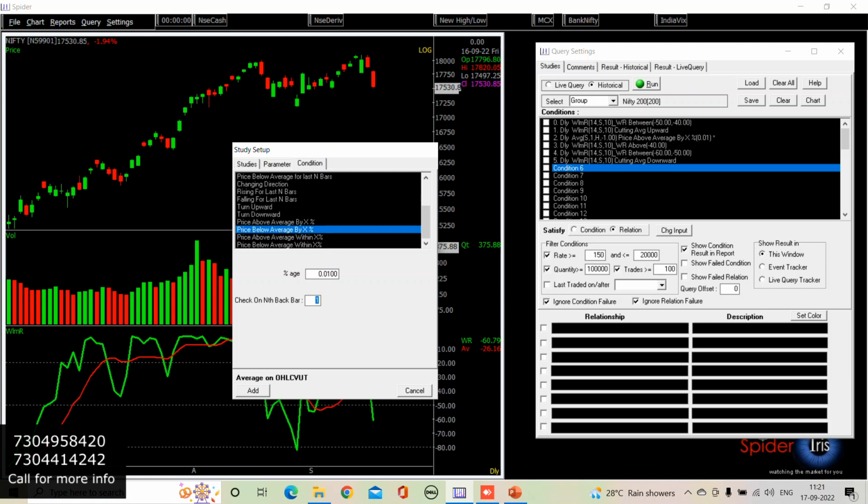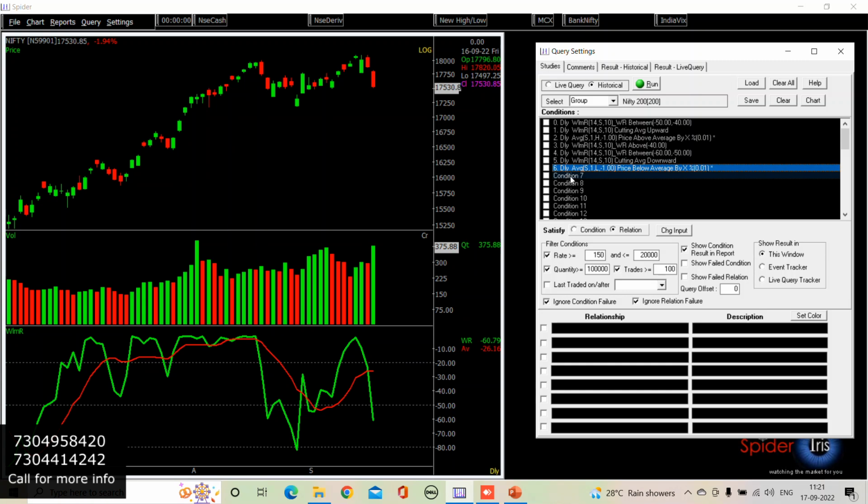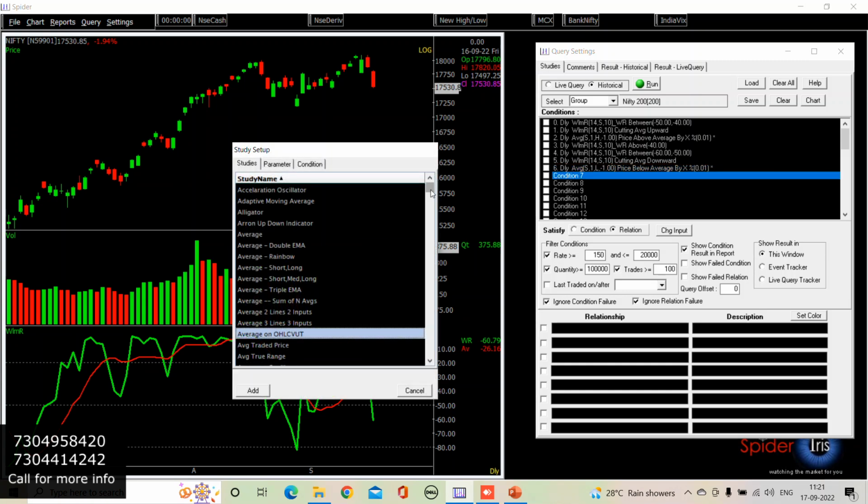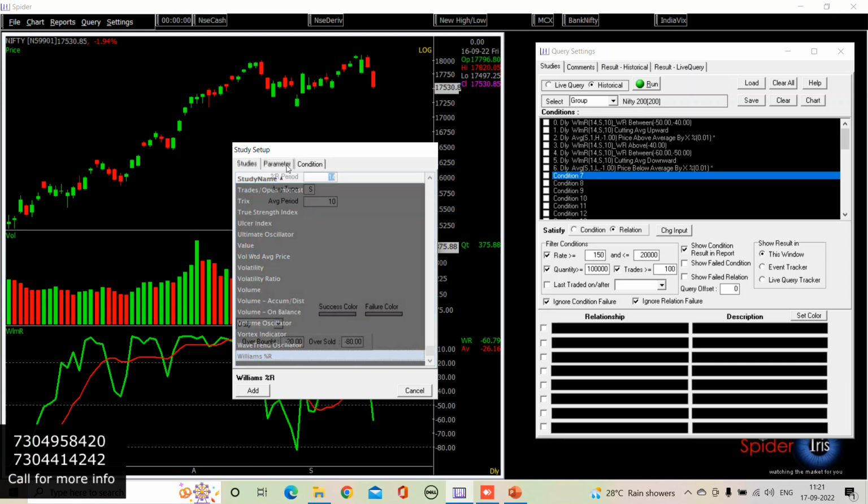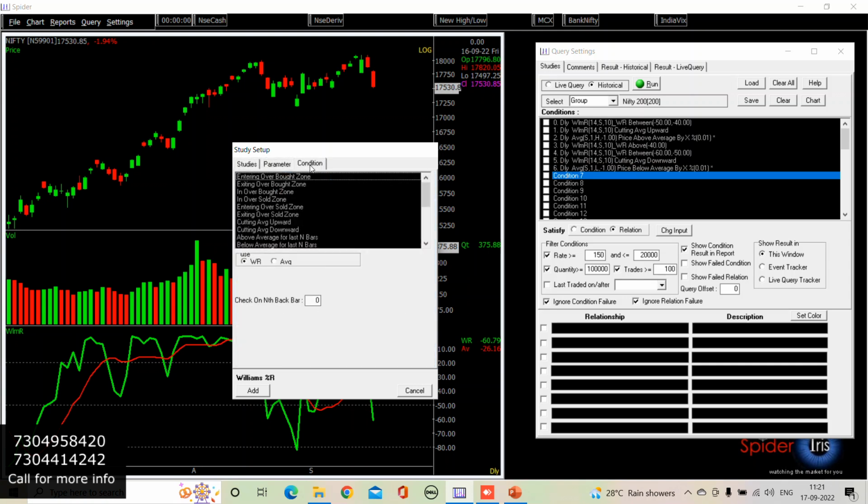Check on end back bar is 0. Condition 7 is Williams percent R, parameter by default. Condition will be below value -60. Check on end back bar 0.